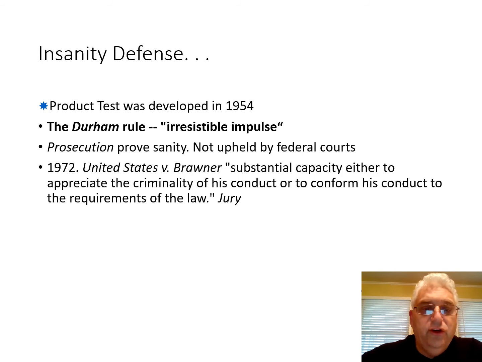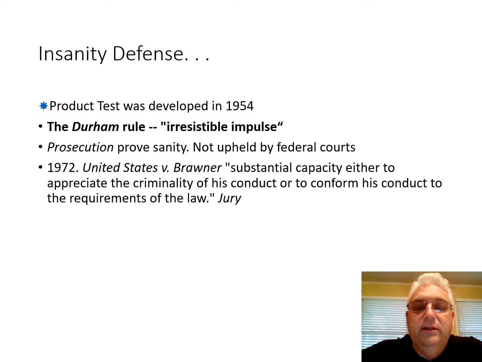Now, in 1972, in the case United States versus Bronner, the court punts the ball, and instead of putting the onus on the defense or on the prosecution, they turn it over to the jury. The ruling under Bronner was substantial capacity either to appreciate the criminality of his conduct or to conform his conduct to the requirements of the law.